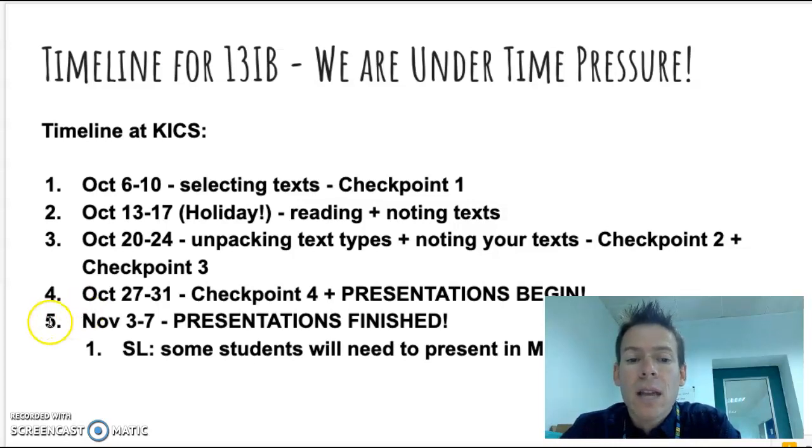It also means that in the week of November 3 to November 7, which is week 3 after the break, we must finish all of the presentations so that we can get on with the other parts of the course. That will be an issue if you get sick, if you go away, if you are unprepared and don't have your PowerPoint slideshow presented and ready to go.